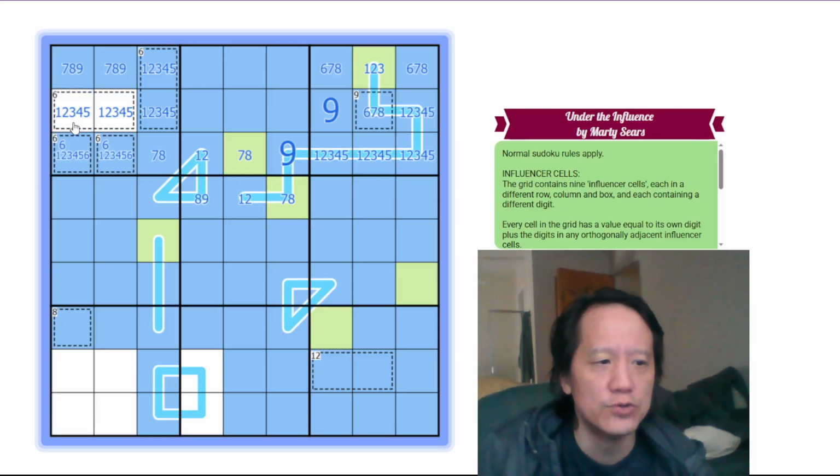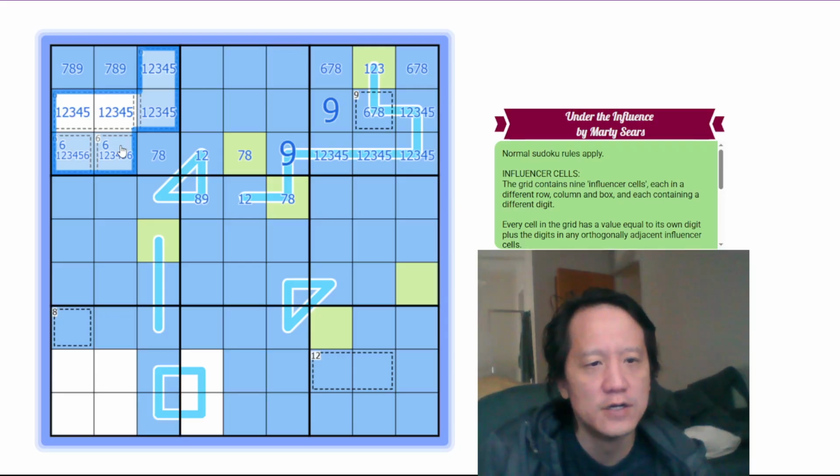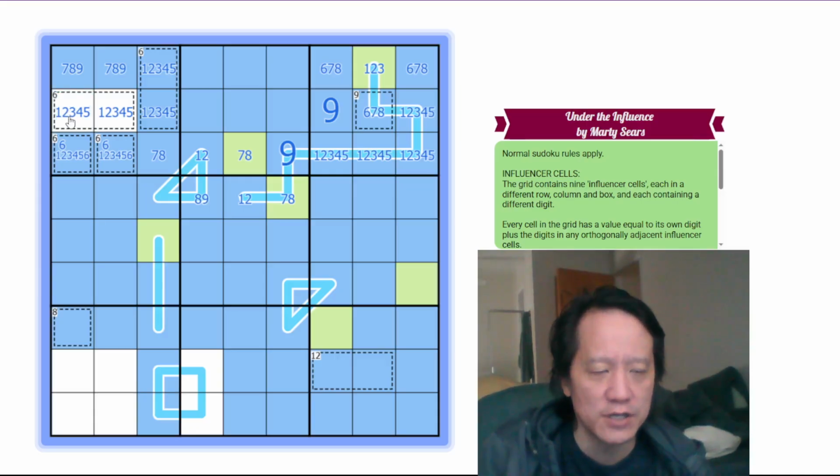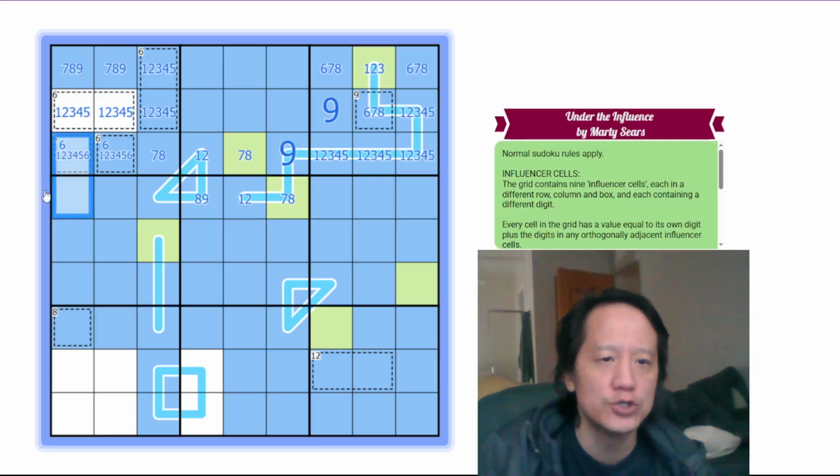Because if you have 2 in the influencer cell, you're adding 4 to 21, which is 25, which is too big for this cage. And this adds 3. So if you try to add 1 here as an influencer, that doesn't work either. Because you're only adding 2 in value here. And 21 plus 2 is 23, which is not equal to 24 here.